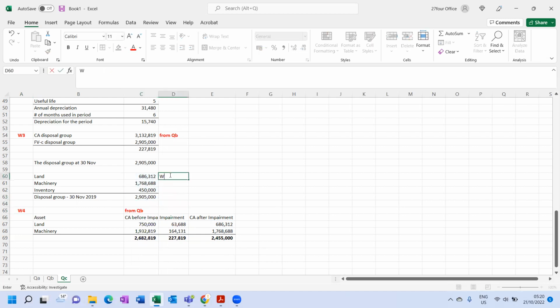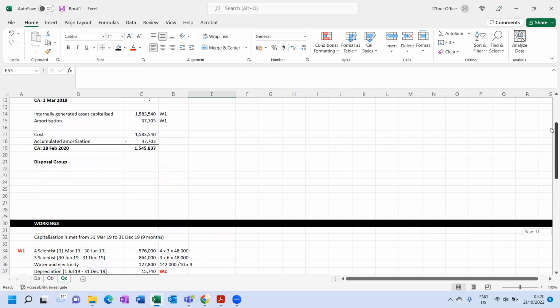Okay, so that's what we want. That's important to take note. So that's basically how it looked at 30 November 2019. But what do we need to disclose?